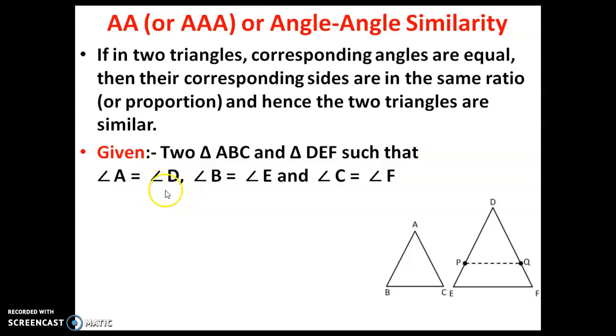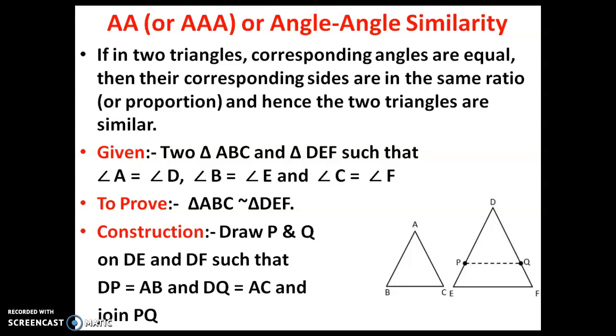That's given. Then what we have to prove? Triangle ABC is similar to triangle DEF. This is the symbol for similarity. We have to prove this in this theorem.